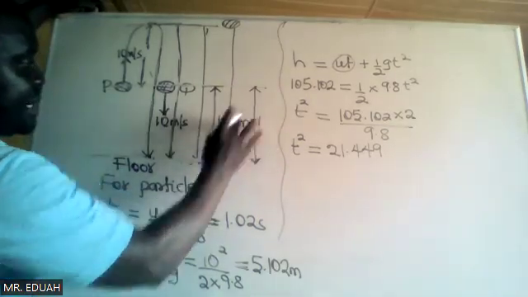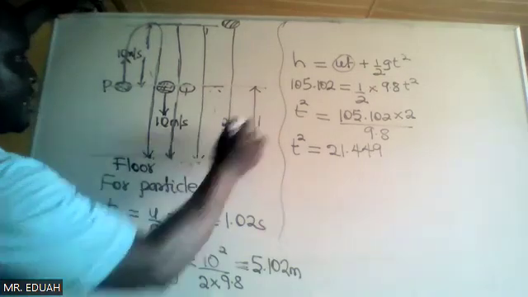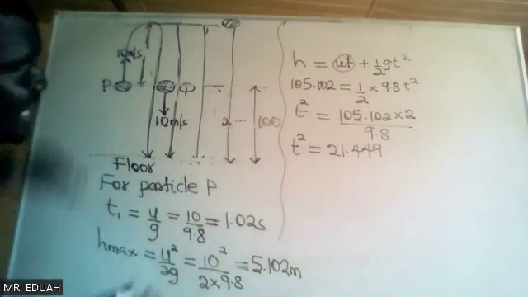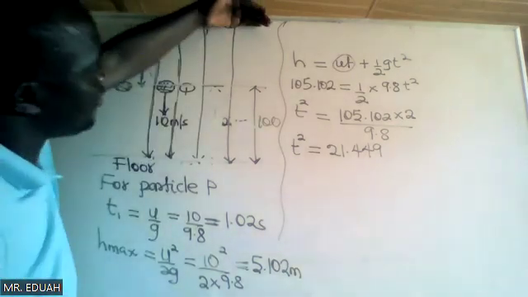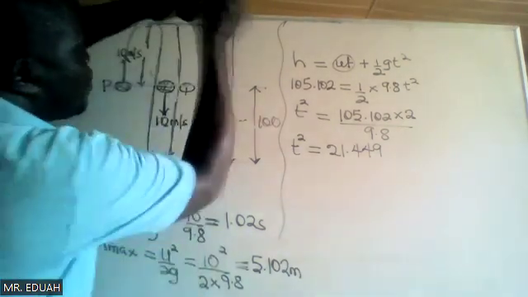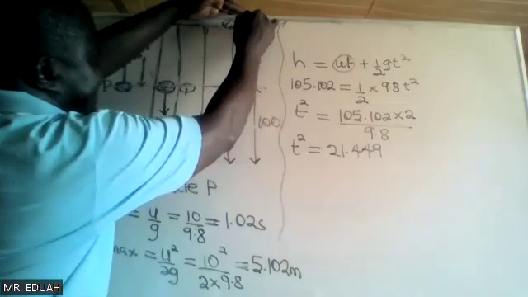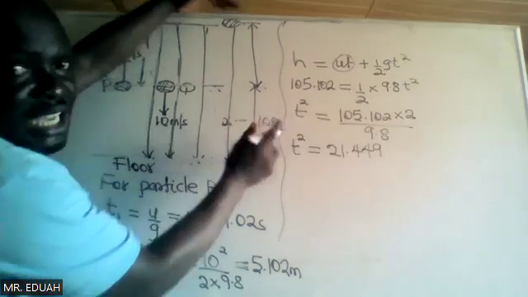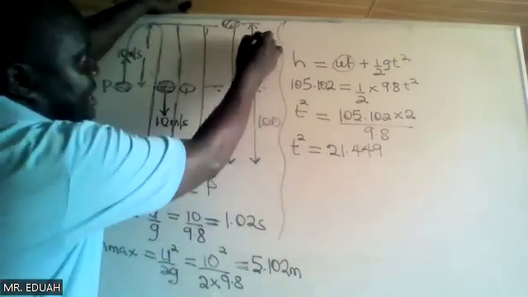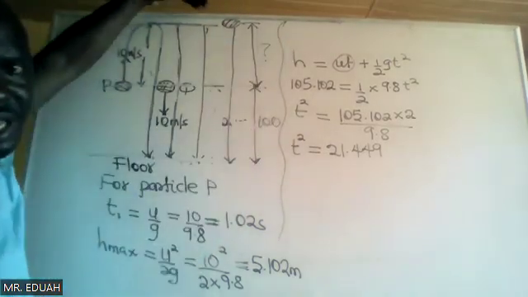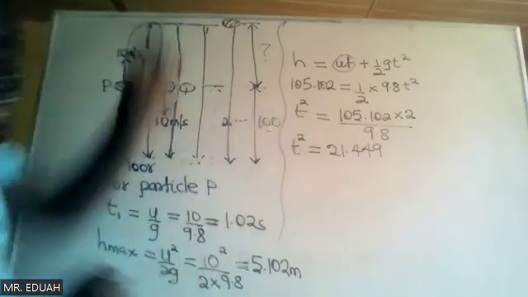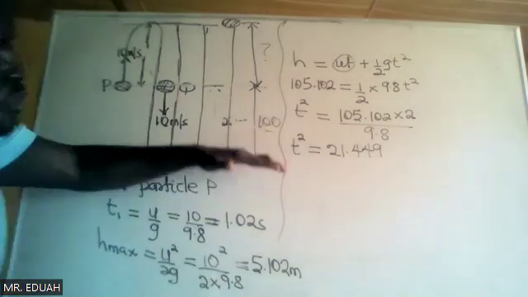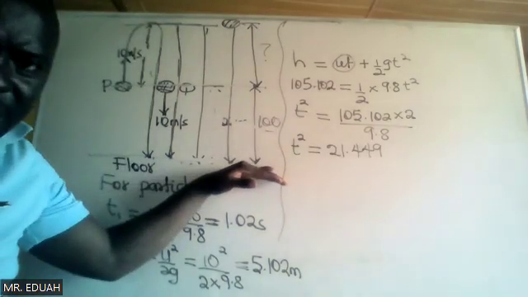So to determine the time taken to move from this point to the ground, I need this height too, because I already have this. If I get this unknown and add it to this, I'll find the total height from the maximum height to the ground. Are you okay?